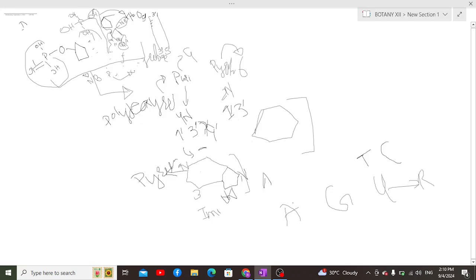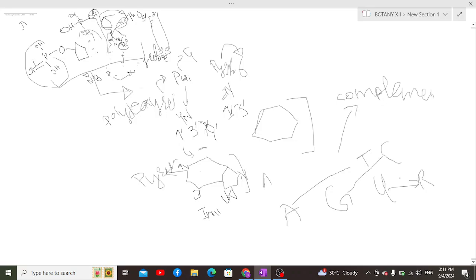Adenine always pairs with thymine, and guanine always pairs with cytosine, which is basically the nature of complementarity in DNA. This is known as complementary base pairing, such that adenine always pairs with thymine and guanine with cytosine, and vice versa as well.